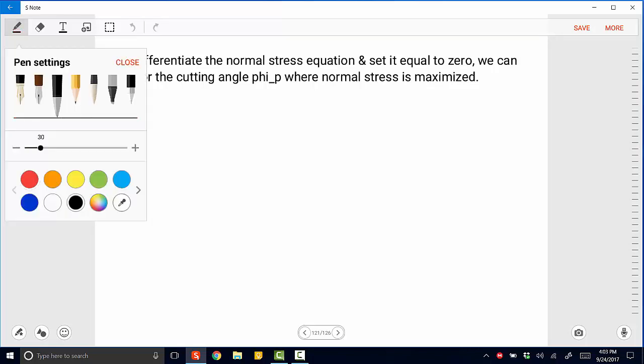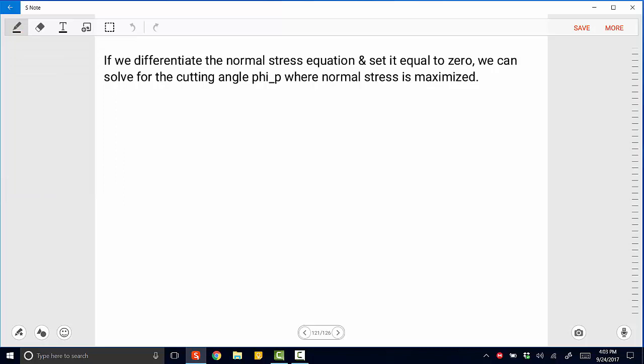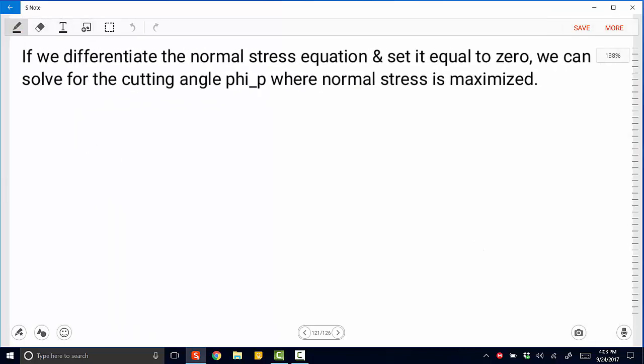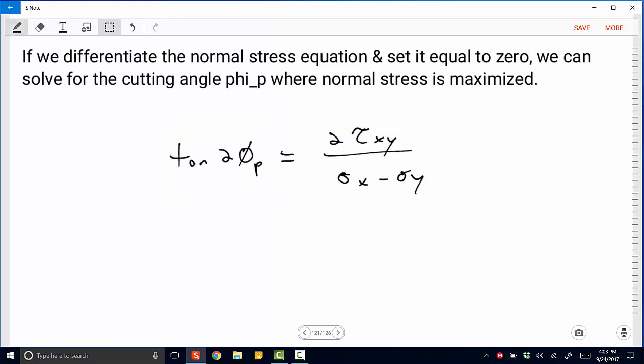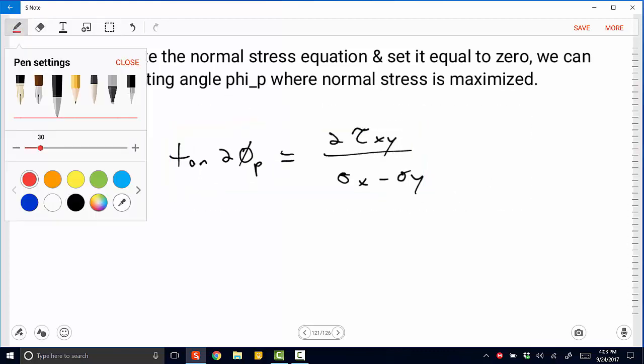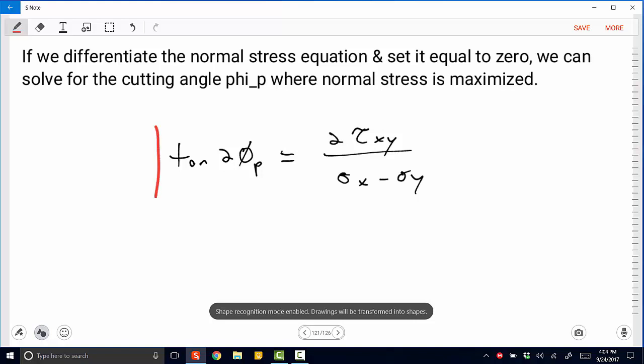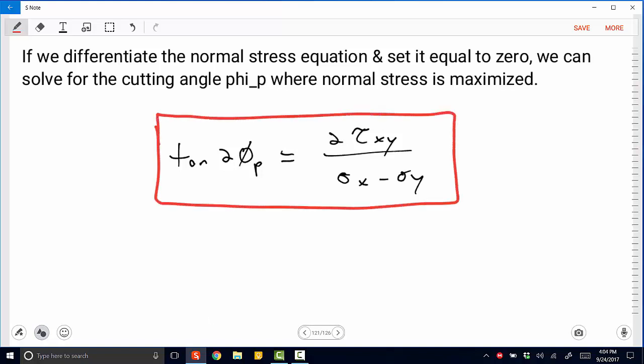And we'll find that the equation that describes that is, let's zoom in here, tan 2 phi P, so that's that cutting angle, is equal to 2 tau xy over sigma x minus sigma y, where this is the cutting angle where the normal stress is maximized.